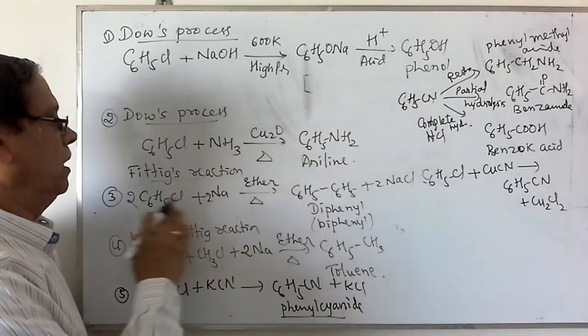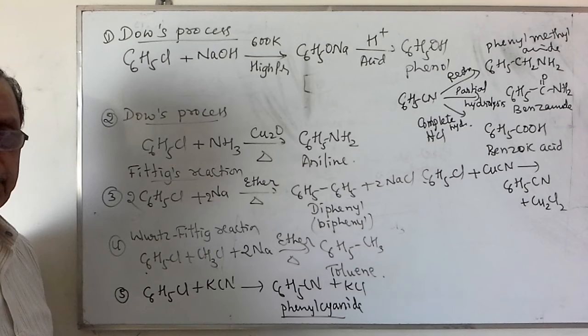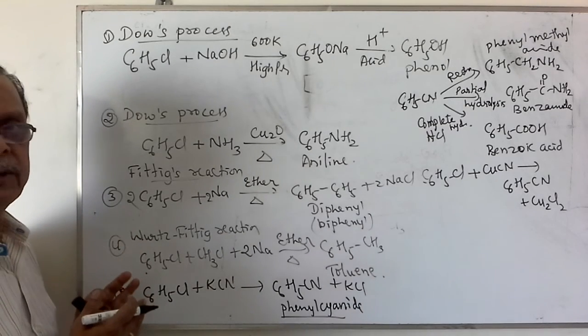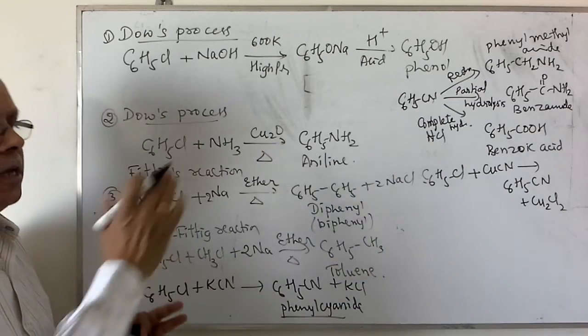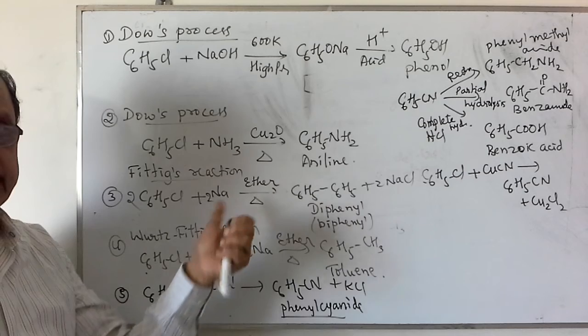So like that we can convert the chlorobenzene into various other products. Some reactions are electrophilic substitutions and some reactions are nucleophilic substitutions. So like this we can carry out the reactions.